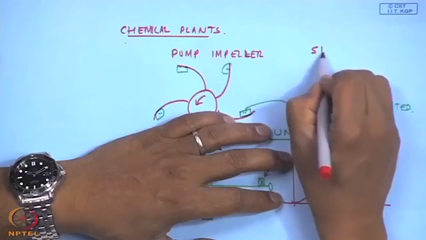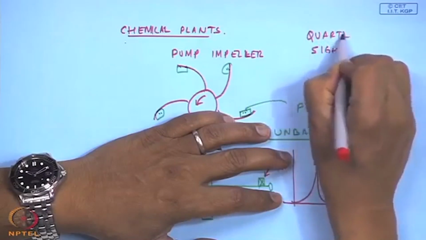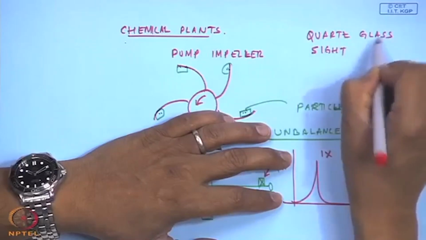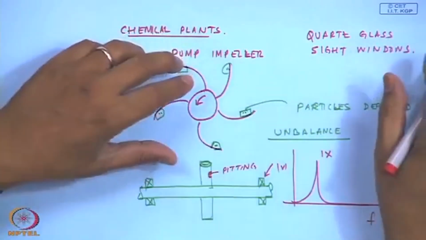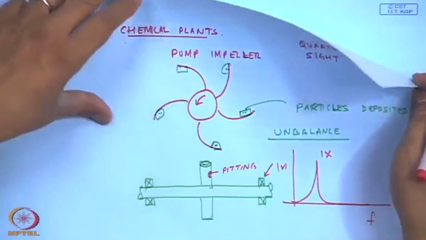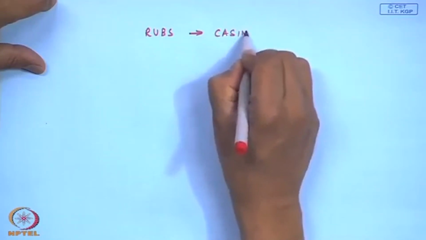Particularly in process plants, very high pressure quartz glass sight windows are provided in such equipment to visually see from the outside what the condition is. And with these impellers getting defective, there will be load on the bearings and then misalignment. So, eventually they will rub on the casing.